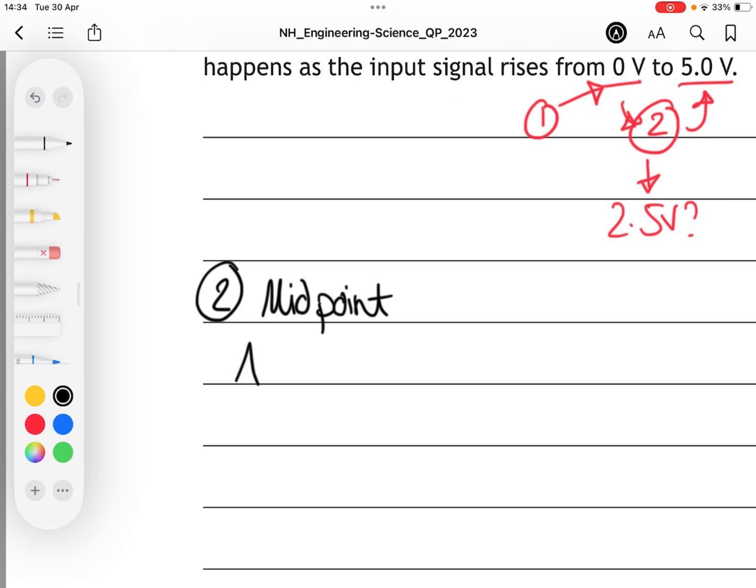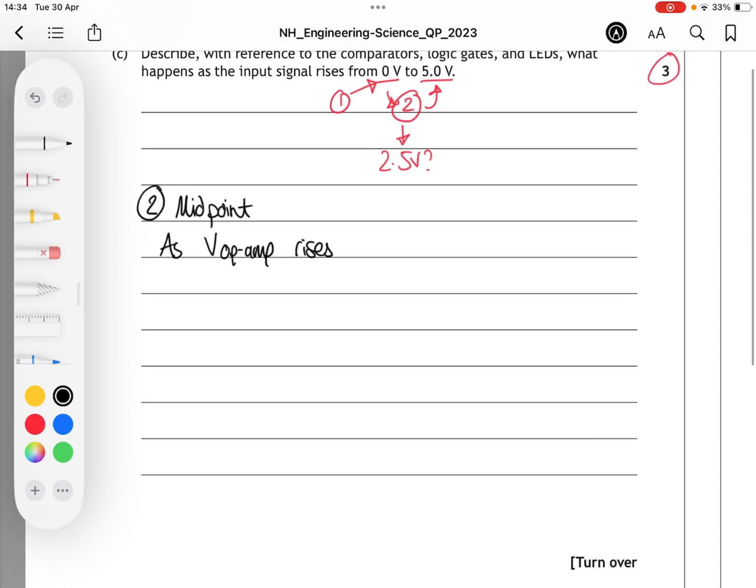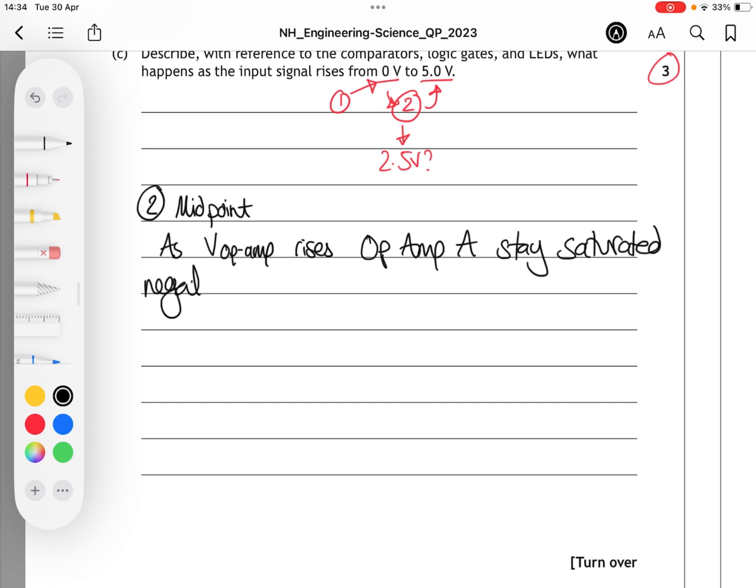And so we can say as V from the op-amp rises, op-amp A stays saturated negatively. So red LED is off.